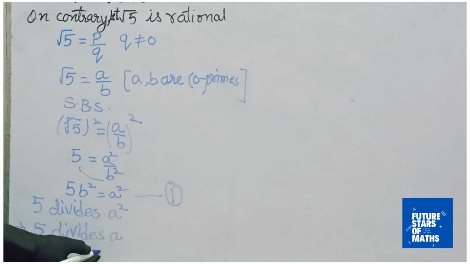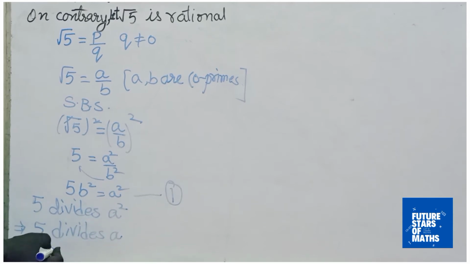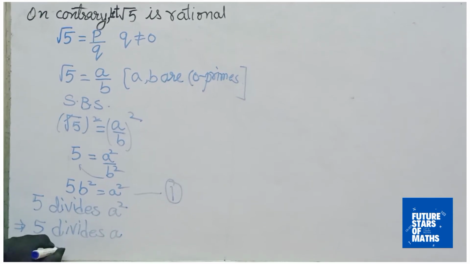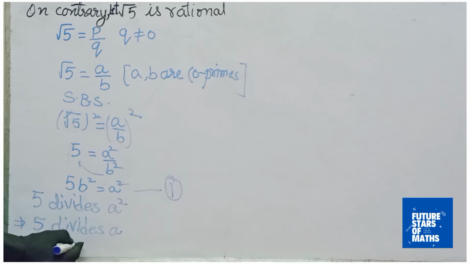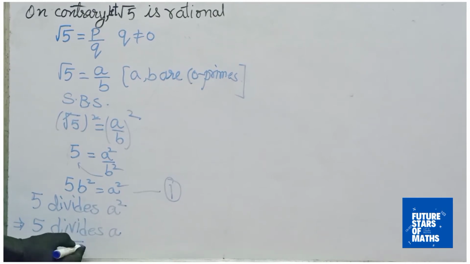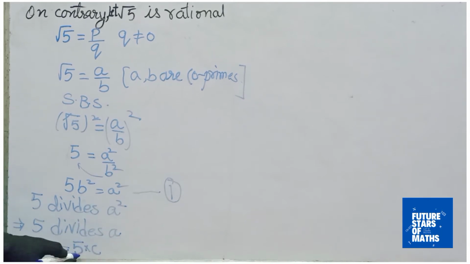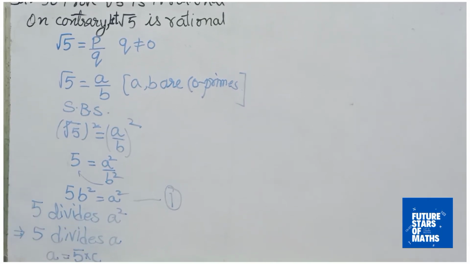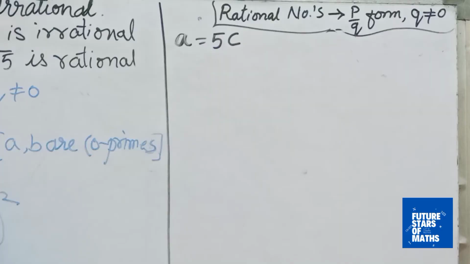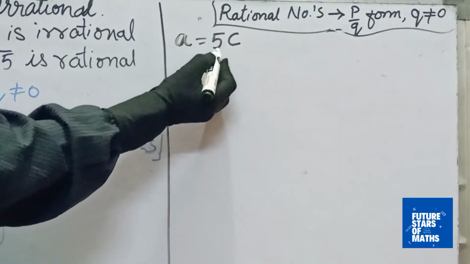If 5 divides a, what does it mean? It means that a will be equal to a multiple of 5, so 5 into some variable, that is, we will take c. a equal to 5c. Okay. So we got a equal to 5c.